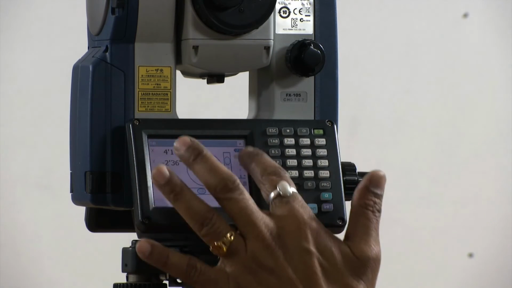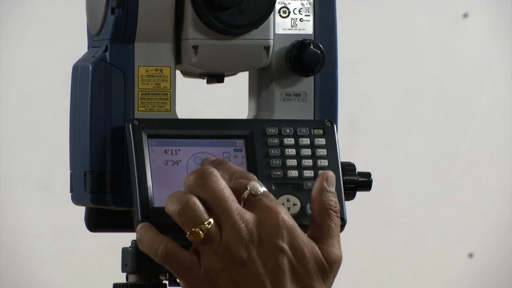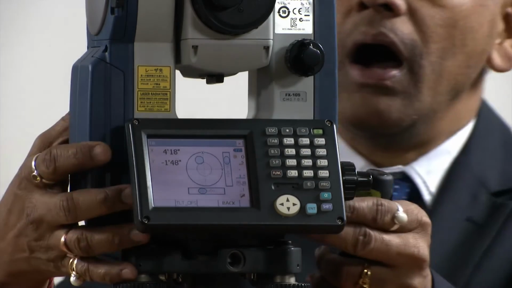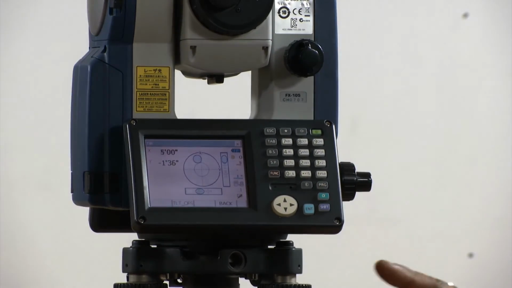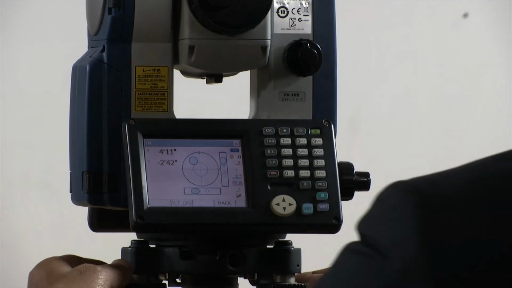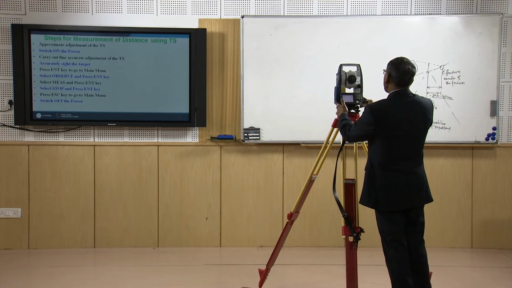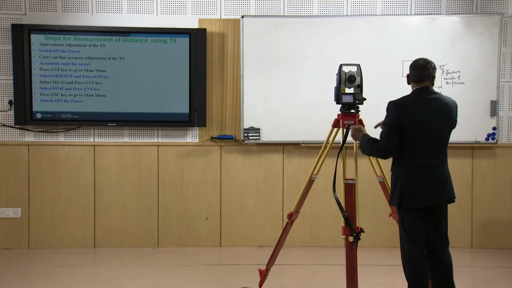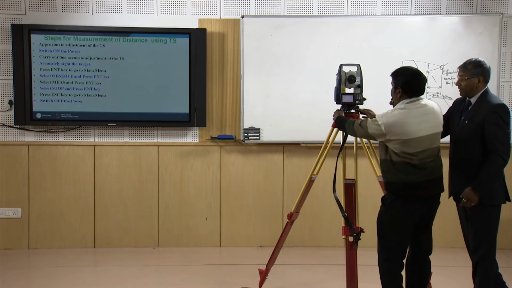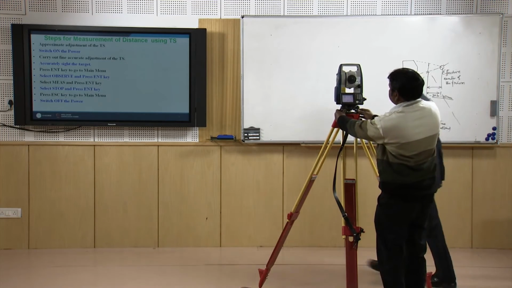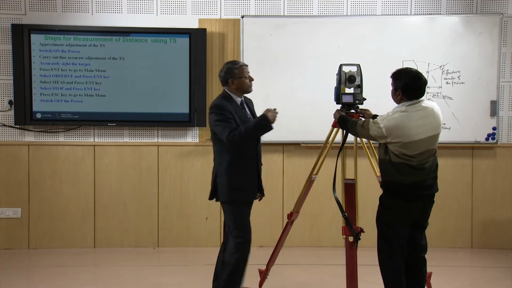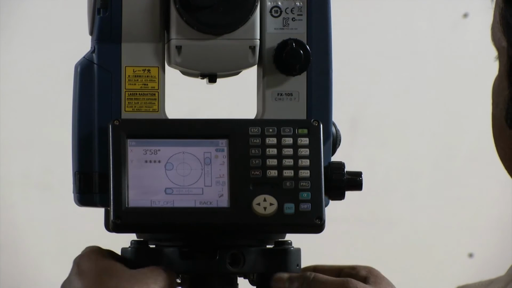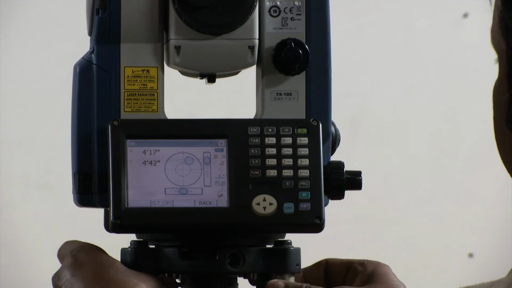These three bubbles should be in the middle in their respective axes. First we will take this instrument parallel to any two foot screws, which means parallel to the y axis. Now we have brought it, and now we will bring these bubbles to the middle. First we will bring this bubble along the y axis.